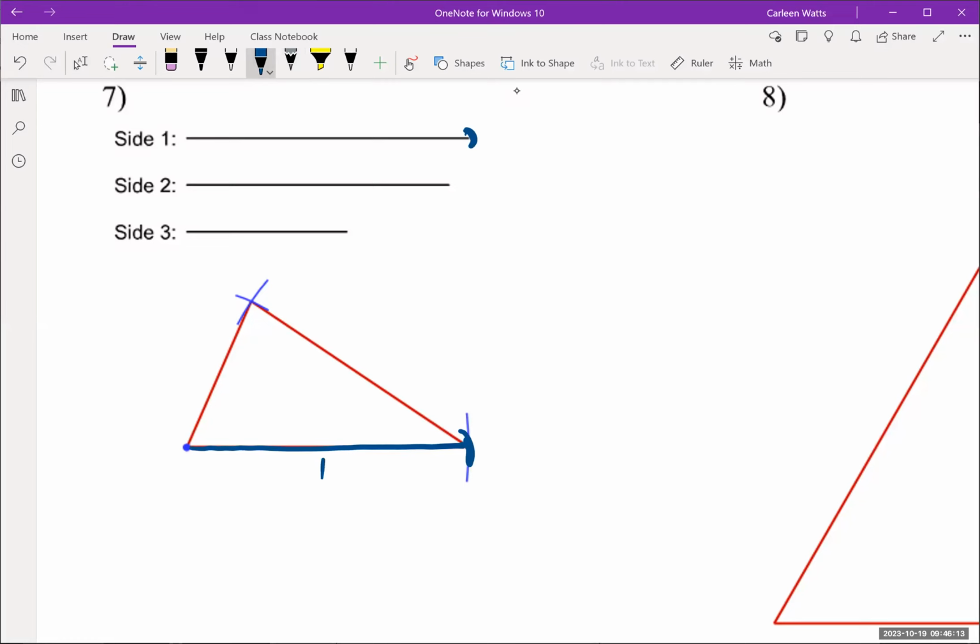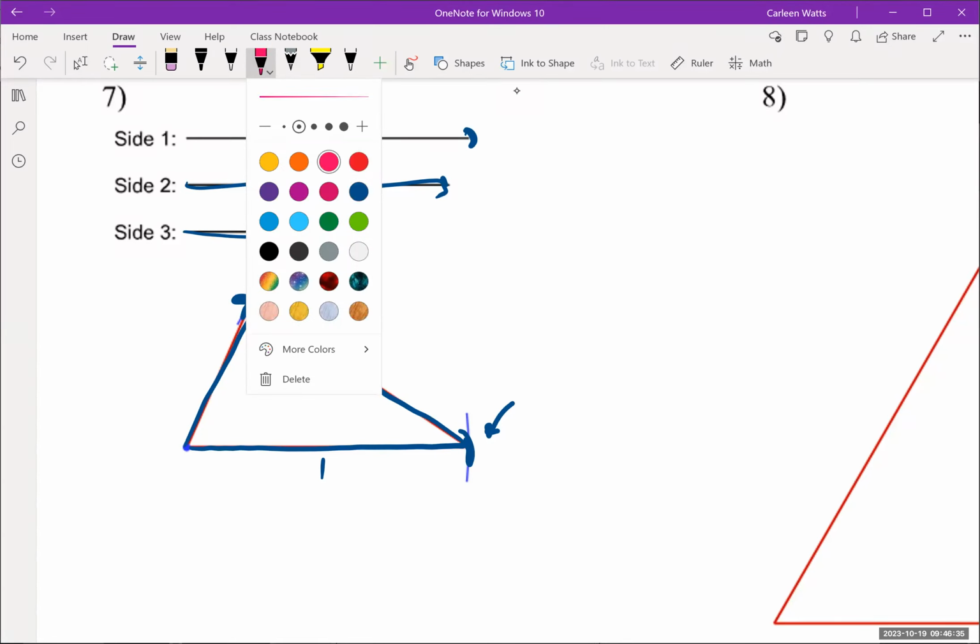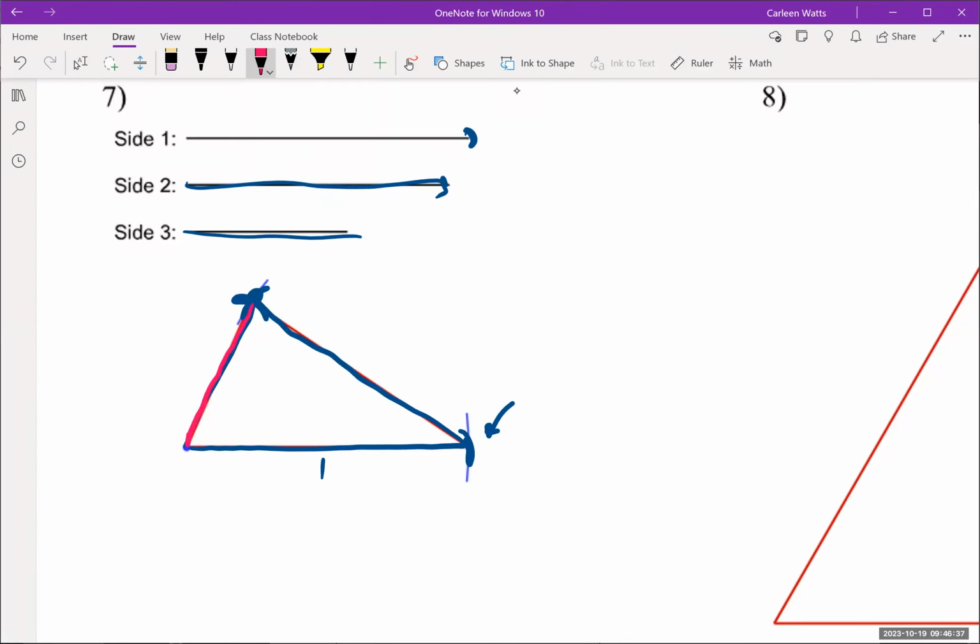So this is side 1. From this endpoint, I measured side 2, and it went right here. And then I measured side 3, and it went right here. And where this little X was, that's where I drew my red lines. And the red lines ended up covering the blue lines. Unless you miss, then it didn't cover.